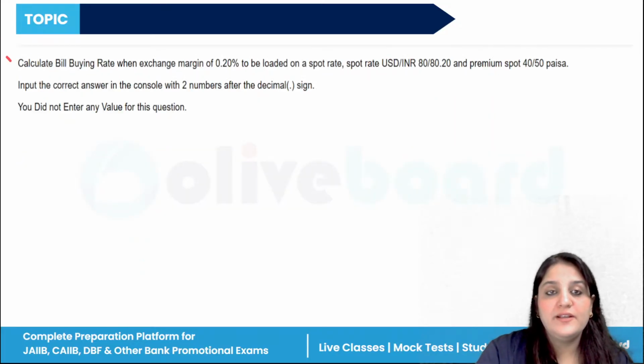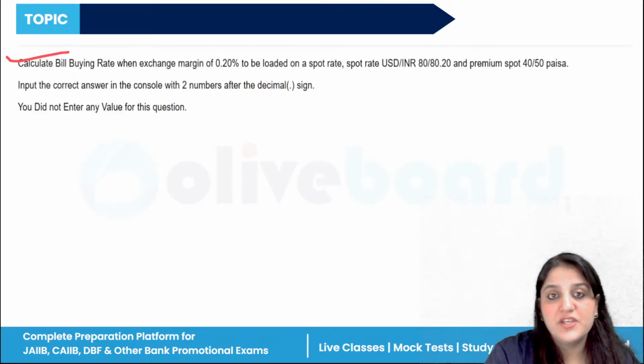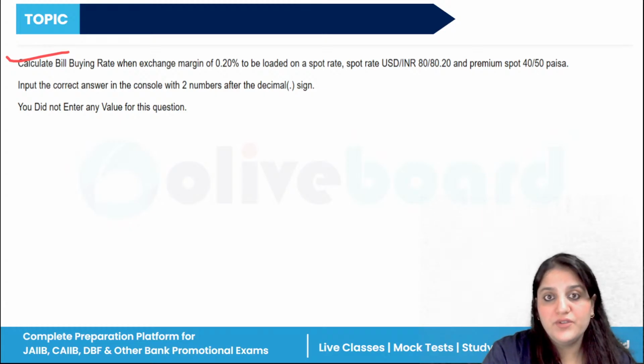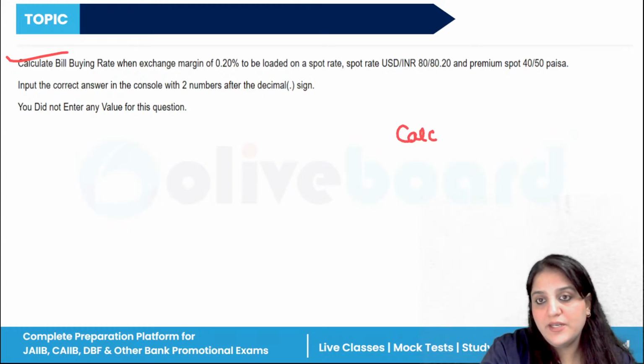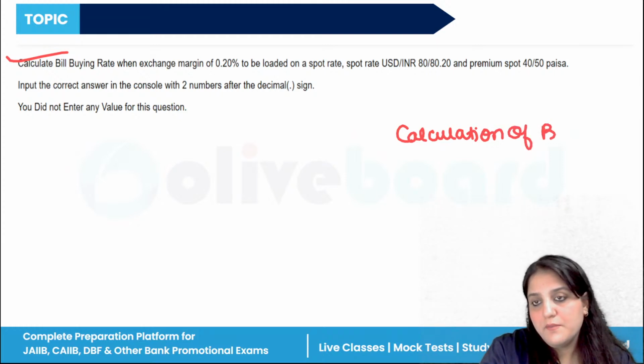Now first calculate the bill buying rate when the exchange margin of 0.20 is to be loaded on the spot rate. Spot rate is given, premium is given, so we have to find the correct answer. We have to calculate here the bill buying rate.